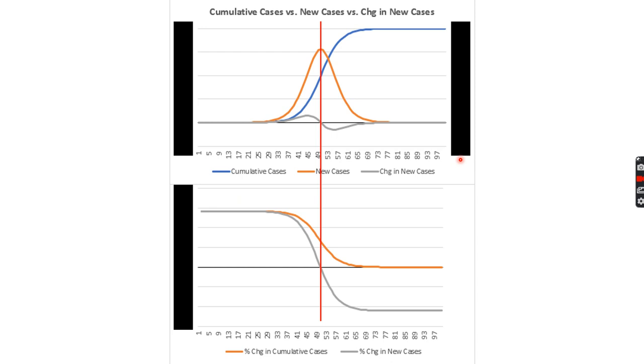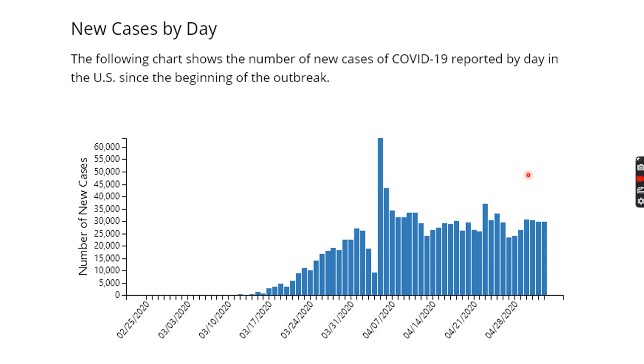This will give us a better sense of where we're at along this blue growth curve. So again, going back to the new cases reported by the CDC, you see that it has been pretty level here for some time now.